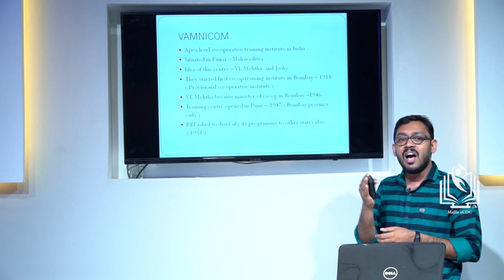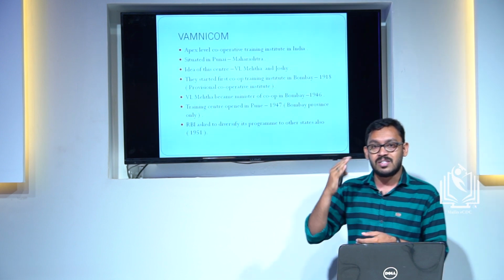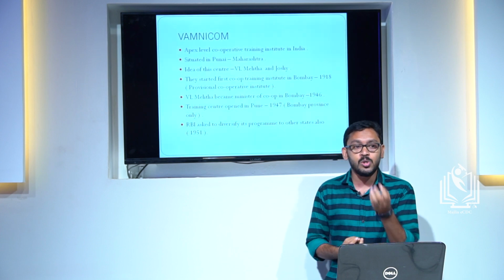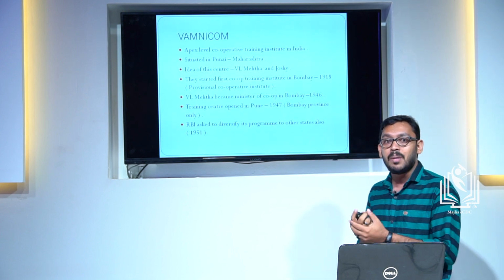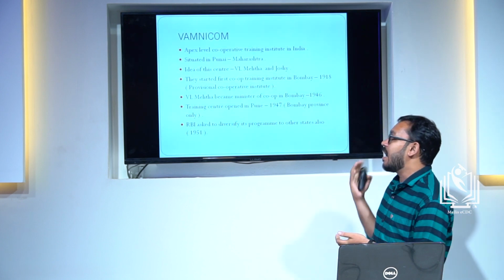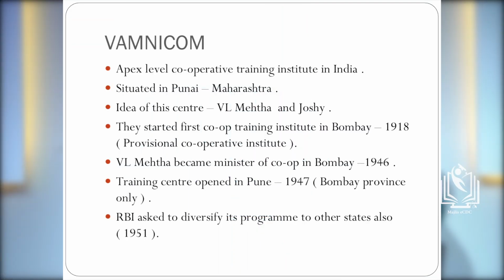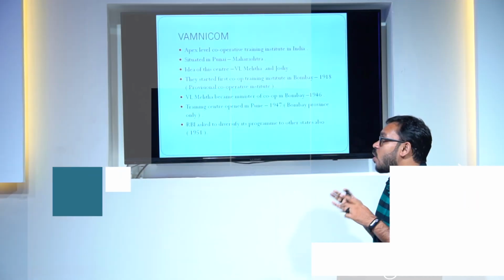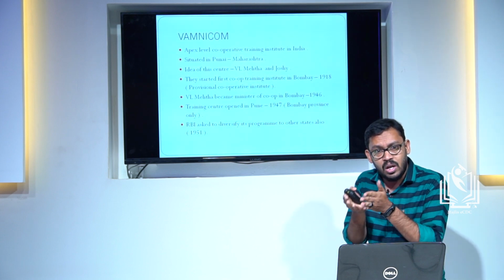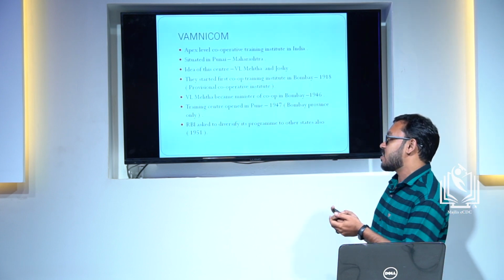The idea of such apex training institutions is the contribution of two eminent cooperators, Mr. V.L. Mehta and Mr. Joshi, and they started the first cooperative training institute in the year 1918 in Bombay. Its name was the Provincial Cooperative Institute, and it was only focusing on the Bombay province.